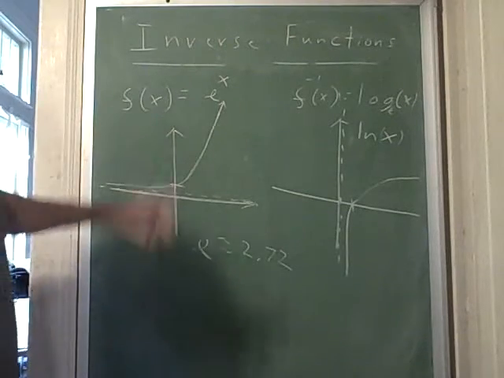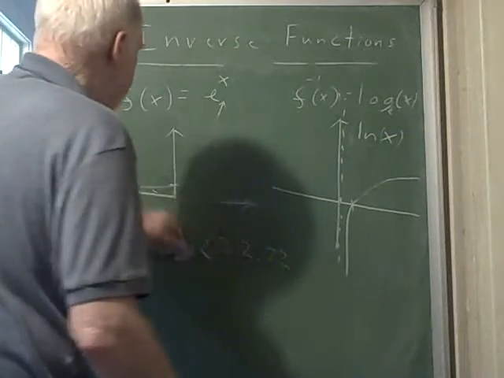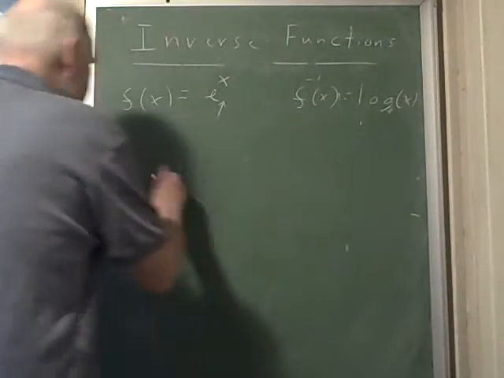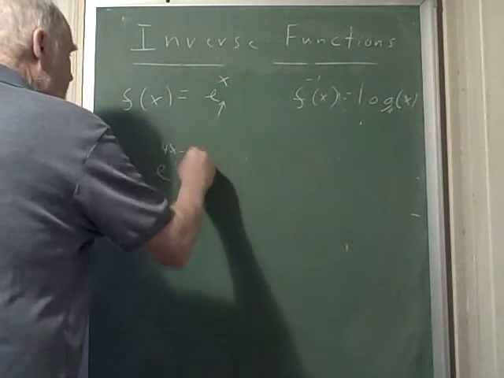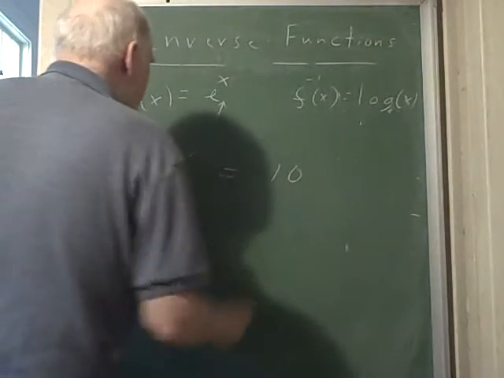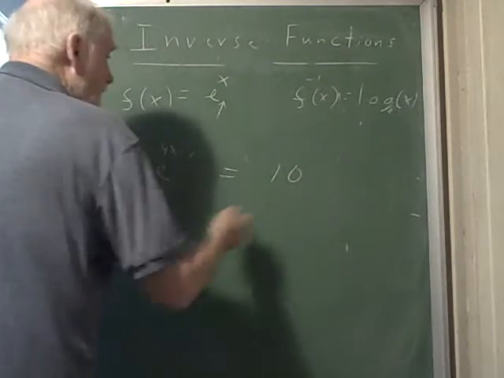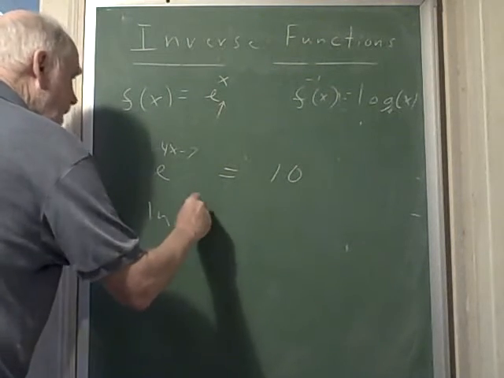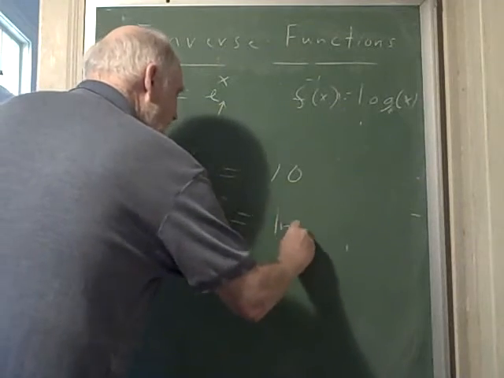Now these guys are inverses of each other, and when you get into problems where you have e to the 4x minus 7 equals 10, you say, well, I've got to solve for x, right? Well, you can take the natural log of both sides: ln of e to the 4x minus 7 equals ln 10.